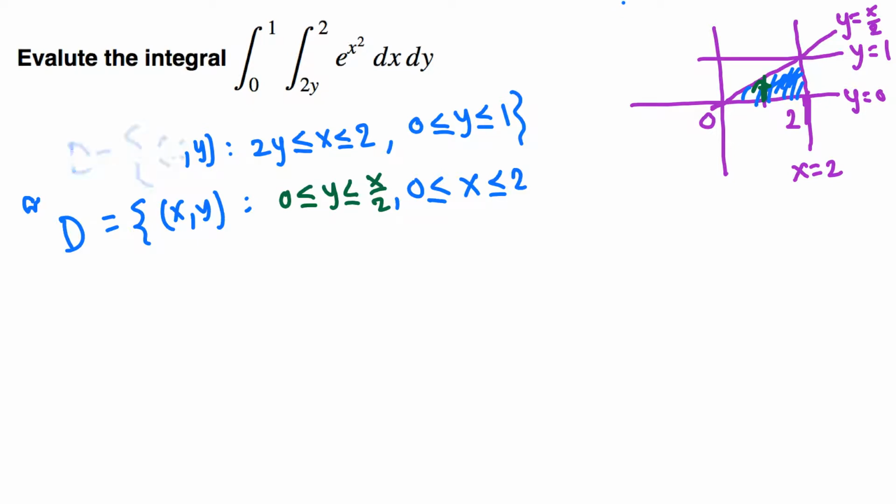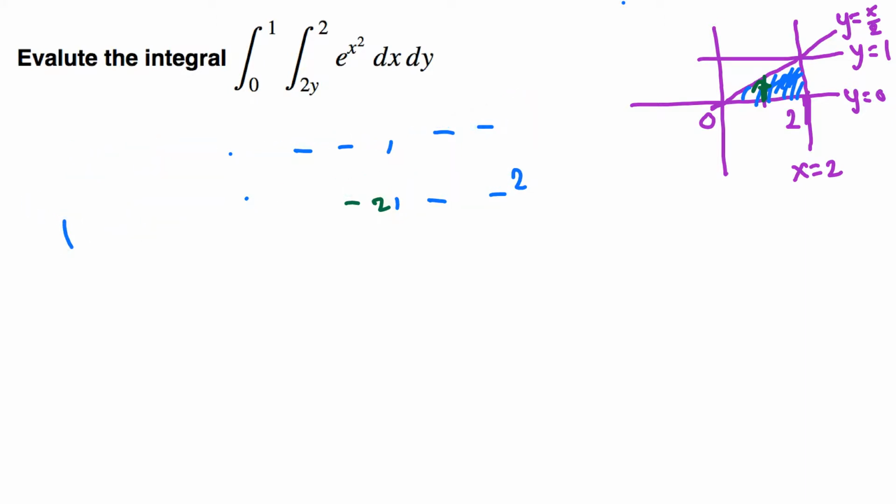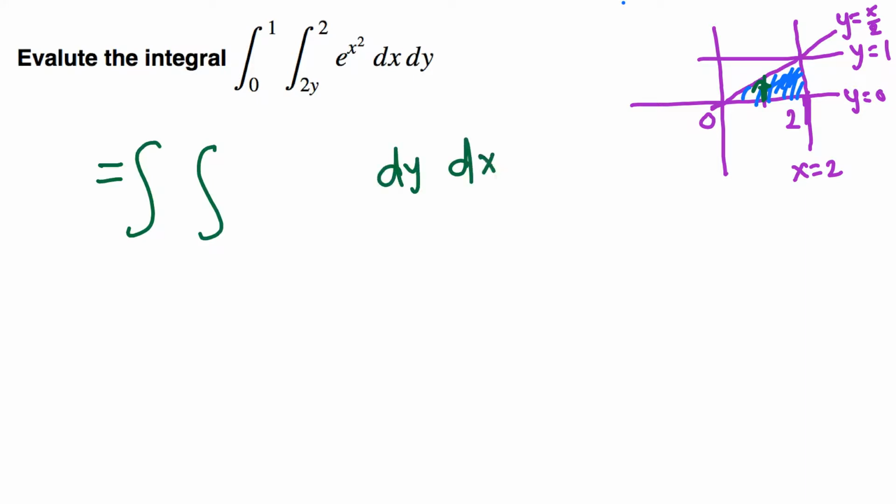So let me rewrite this definite integral, an iterated integral, with swapping x and y. We write dy then dx.